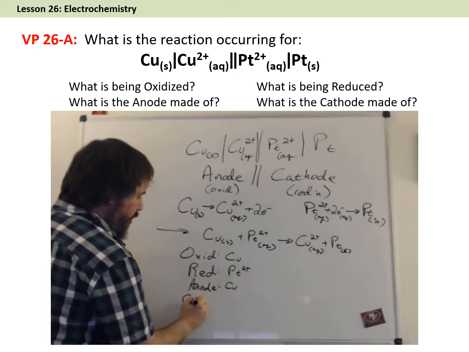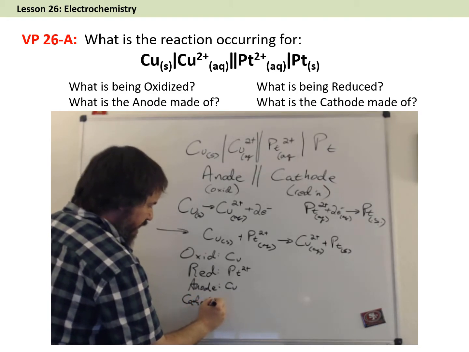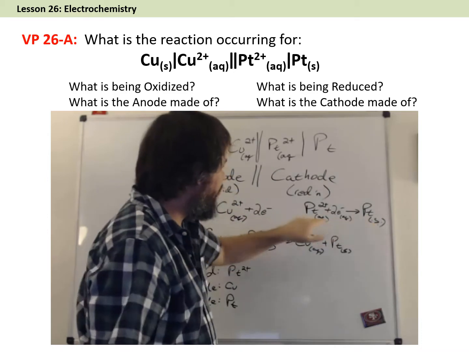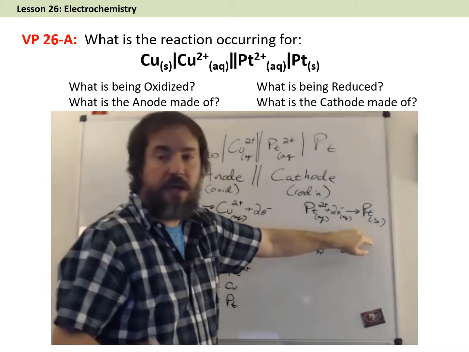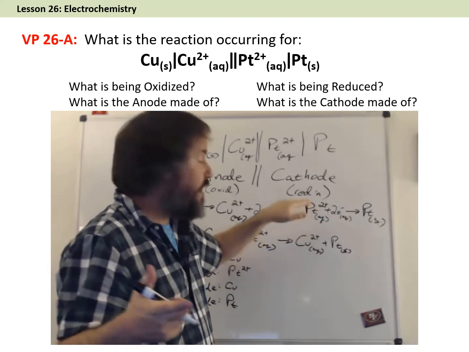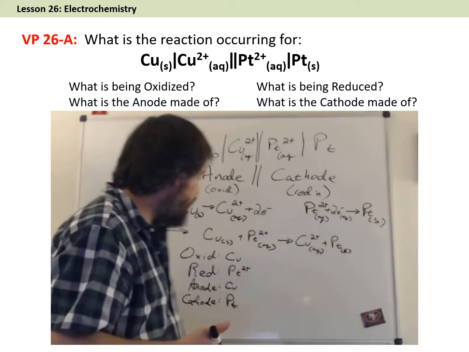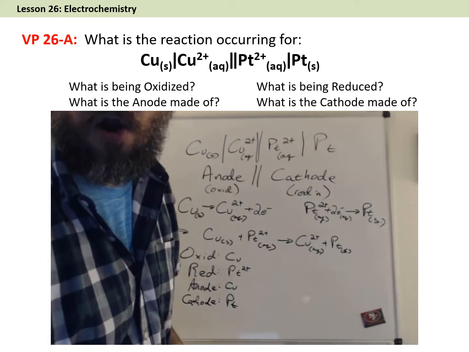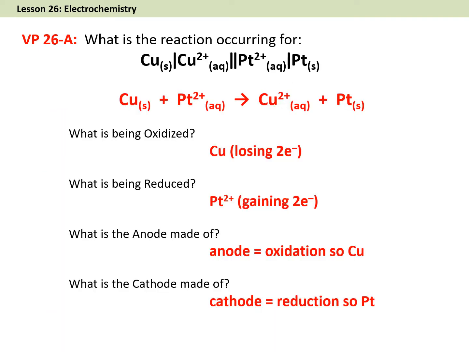And what's the cathode made of? It's made of platinum. Now you may be thinking, oh, I have two things. What's the electrode? An electrode is a piece of metal, right? I can't have a metal that's aqueous. It's got to be this solid platinum. All right, so this is our answer to 26A.